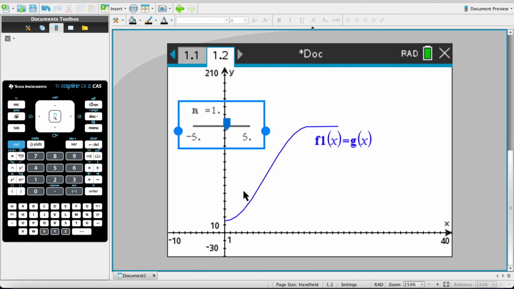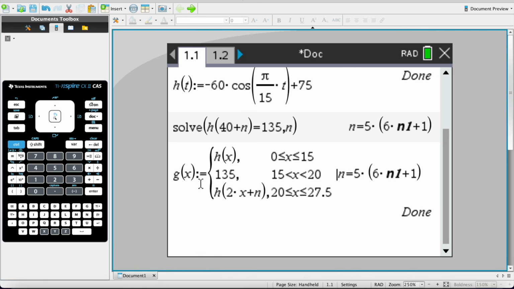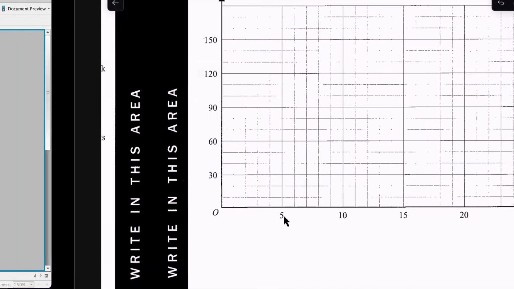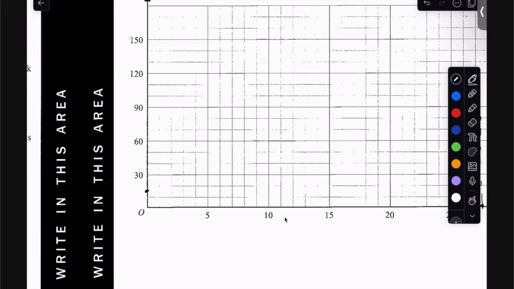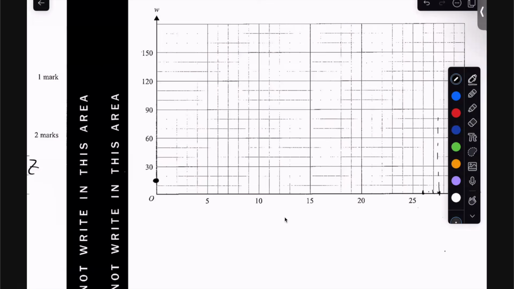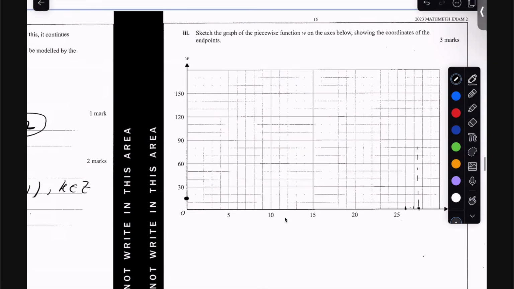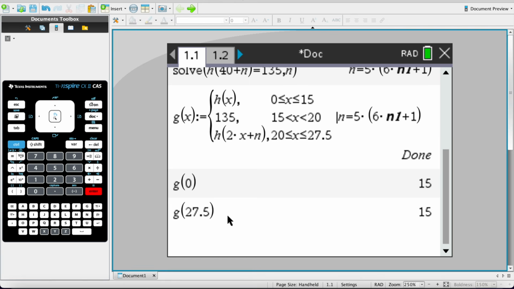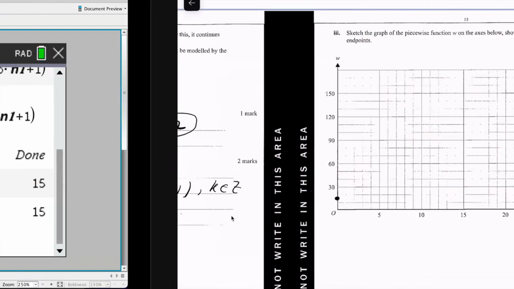And you can just get your starting and finishing point. Your starting point is just going to be g of 0, which is 15, so that's halfway here. Your finishing point is going to be at 27.5. And then g of 27.5, which is 15.